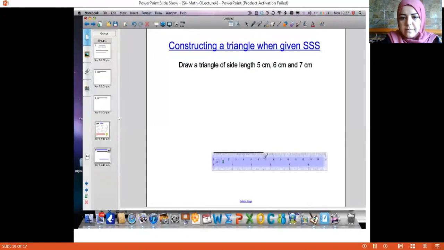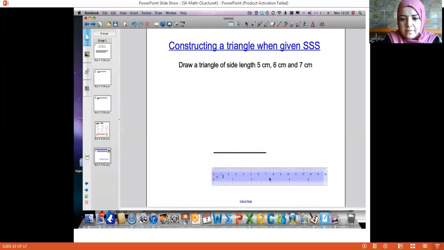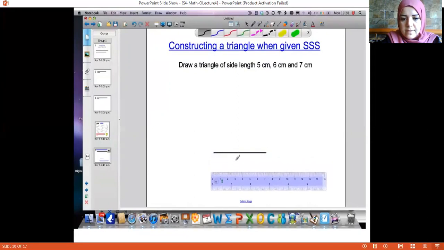Till 7. This is 7 centimeters. Now we are going to use the compass.